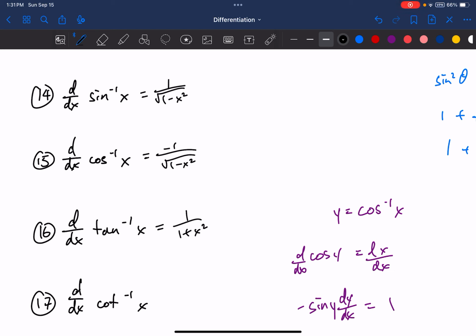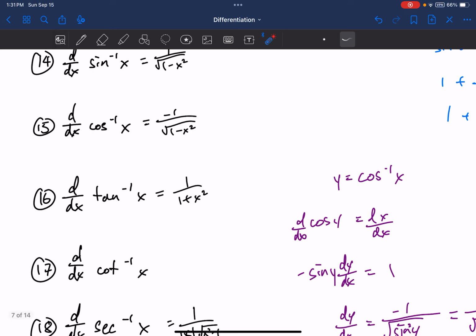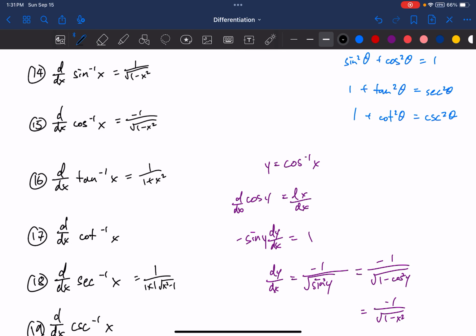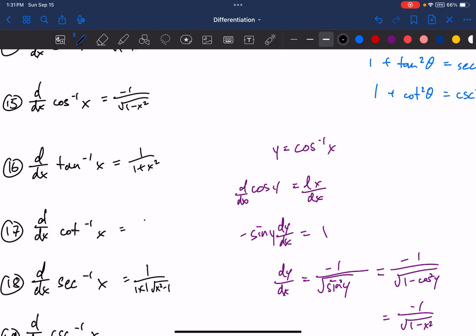Now, what you'll realize is that these are very similar. It's just that there's a negative here. So the same way you do the differentiation, if you see a c, then it is a negative. It is the exact same thing for the rest of these. This is negative 1 over 1 plus x squared.